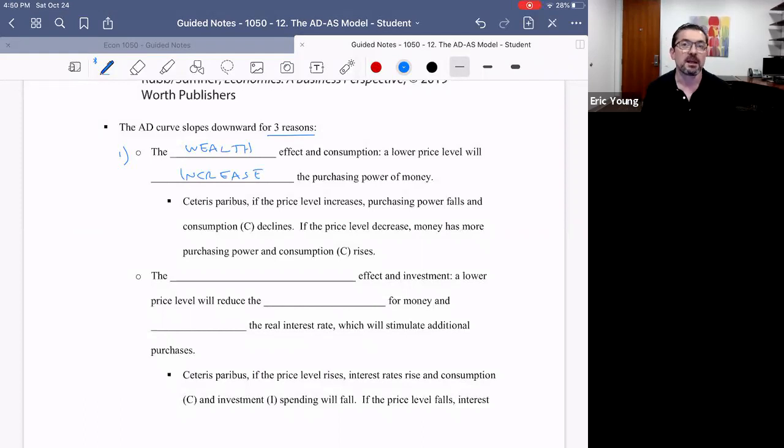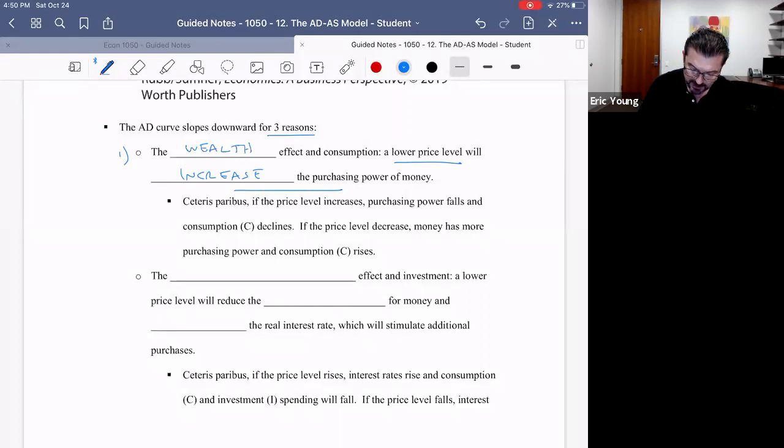We know that money draws its value from its purchasing power. That's its store of value. It's the medium of exchange part of it, okay? If the average price level is lower, your money can buy you more. So the wealth effect says that a lower price level will increase the purchasing power of your money.